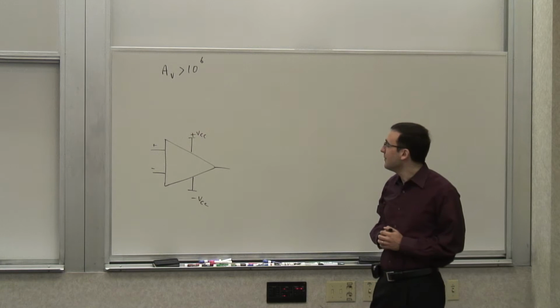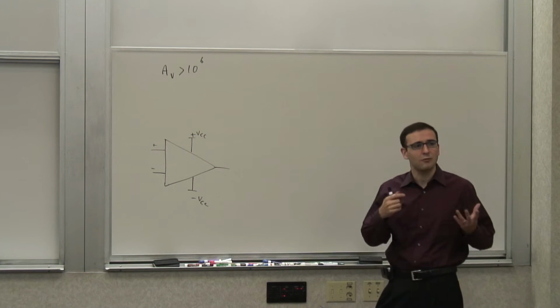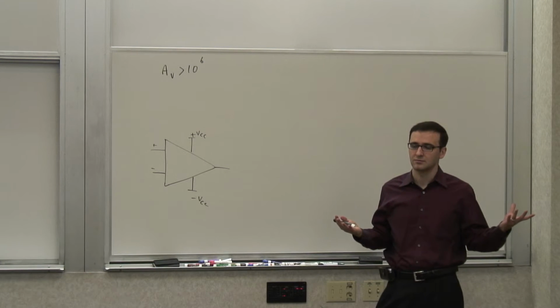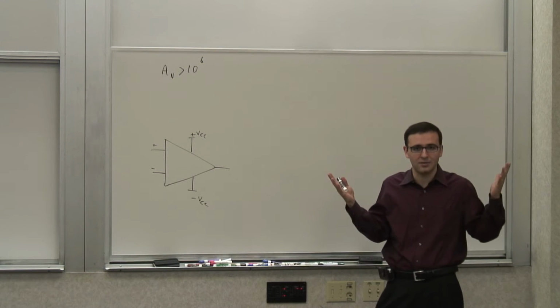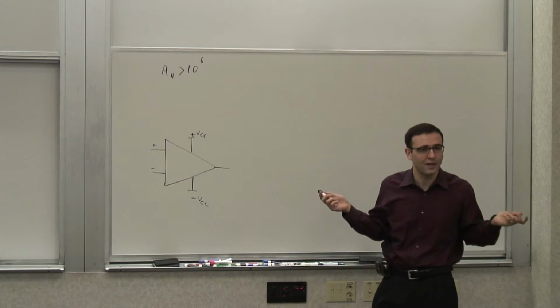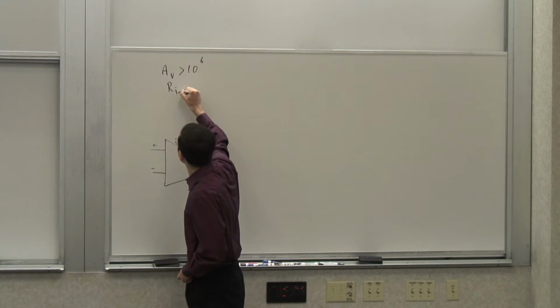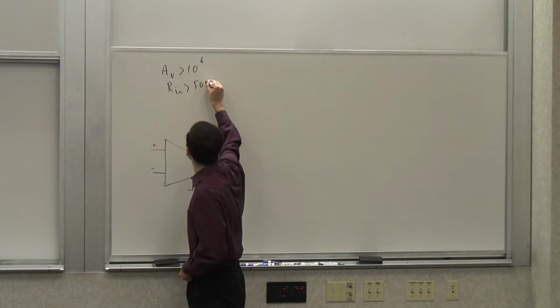And then I have to also tell you what the input and output impedances are. Well, what are the input and output impedances of an ideal op-amp? Well, the input impedance of an ideal op-amp is infinity, right? For voltage op-amp. But I know I can't get infinity, so I have to put a limit on it. So let's say an R in greater than 50 kiloohms.